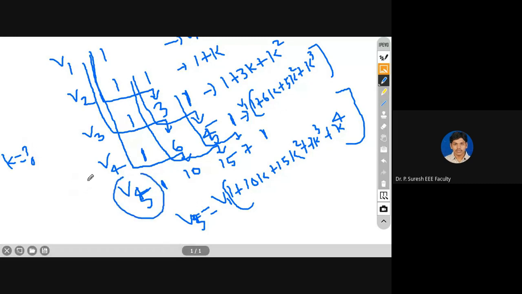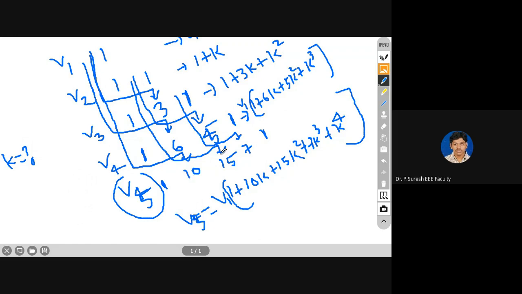It is a 5 disc insulator. Find the voltage across each disc. They will ask like that. So we can easily calculate using these formulas, yes or no? So this is the potential distribution across each disc.